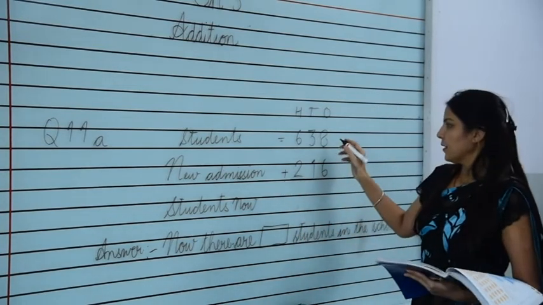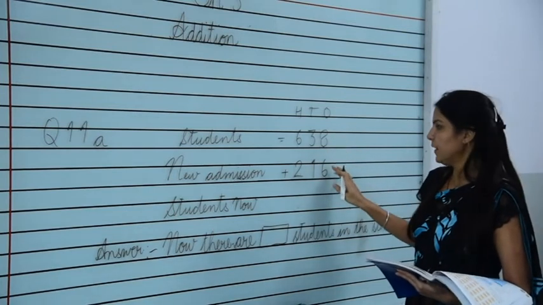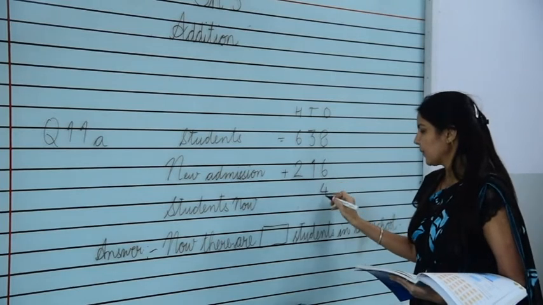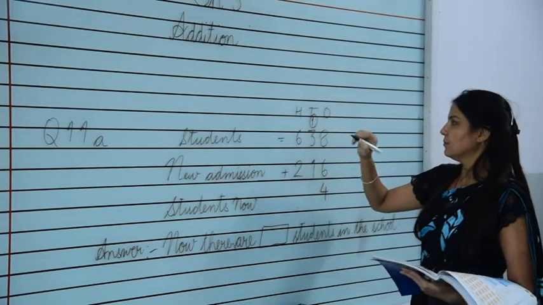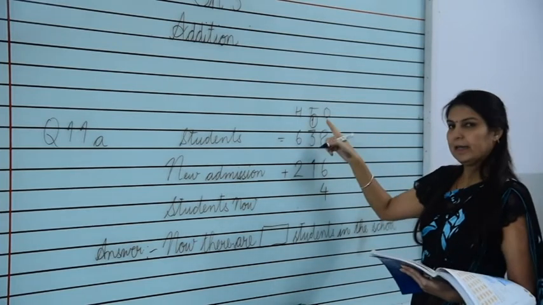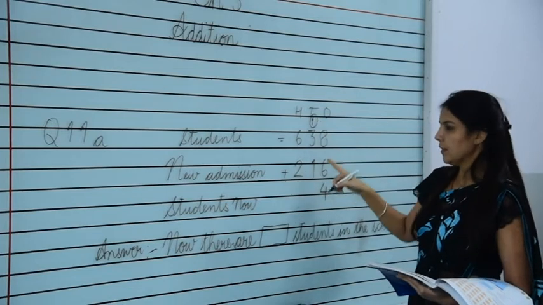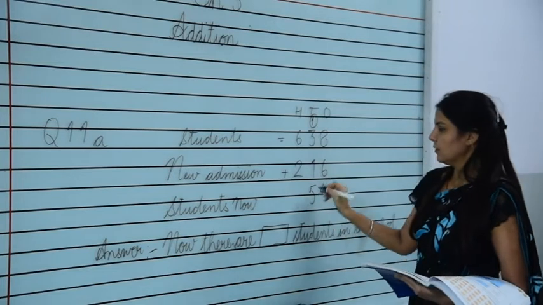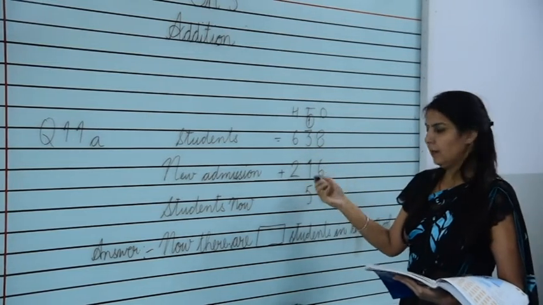Look here, what we will do? We will add the digits which are at ones place first. 8 plus 6 will be 14 and 1 we will carry at tens place. 3 plus 1 is 4, 4 plus 1 will be 5. Now 6 plus 2 will be 8.